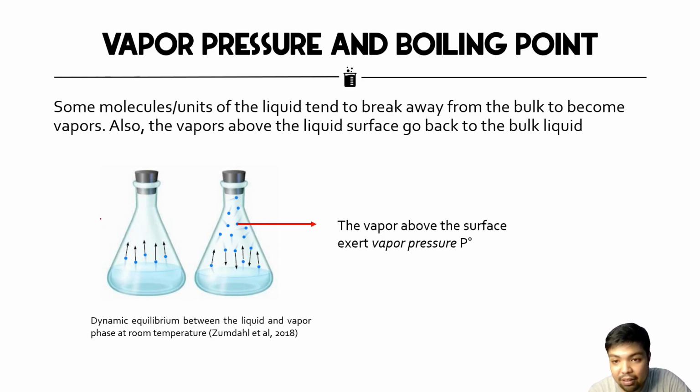Because if a molecule is in the bulk of the liquid, it feels intermolecular forces in all directions, while the liquid particles on the surface only feel intermolecular forces below them.